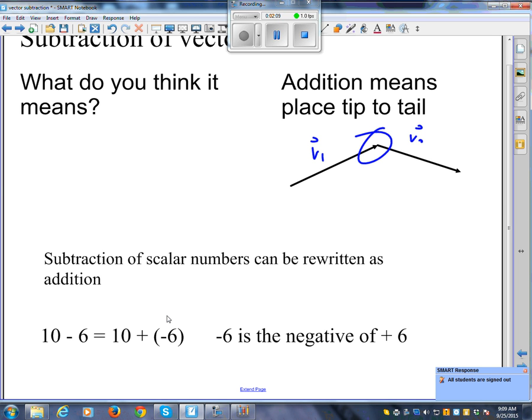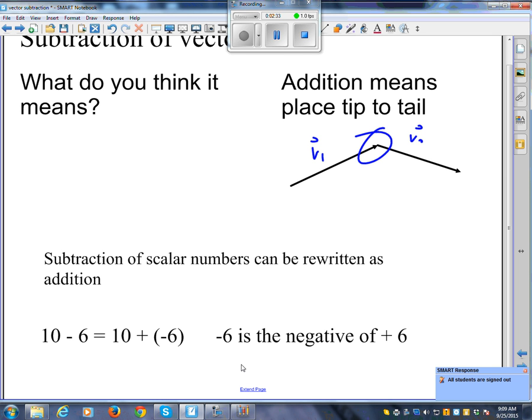Something like that, right? So something like 10 minus 6 could be rewritten as 10 plus minus 6. It's really, as Joel said, adding the opposite, adding the negative, adding the complete opposite. Okay? That's what regular, everyday subtraction is.